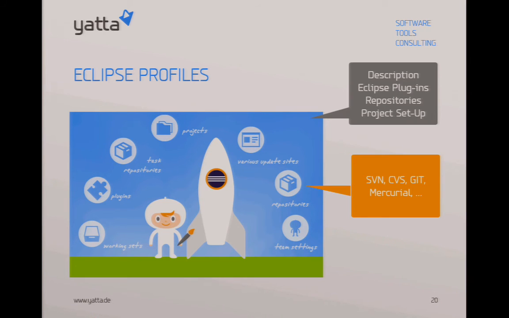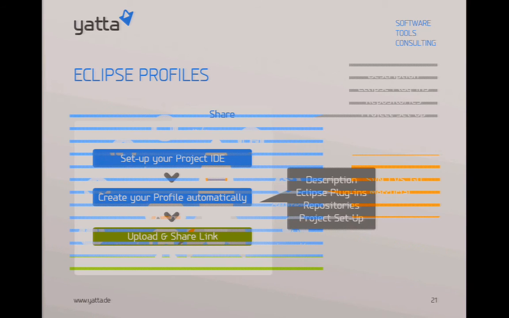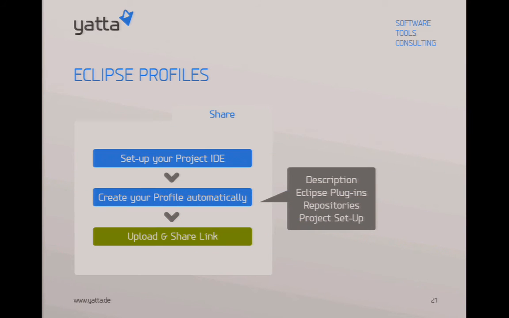You can use it without any problem. The first steps are just: set up your Eclipse IDE, describe it, create your profile automatically, and upload it, and that's it. So it's very easy, I think.